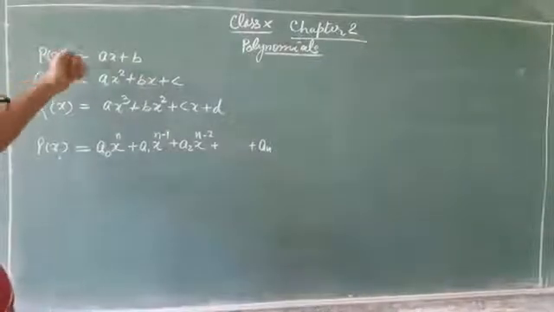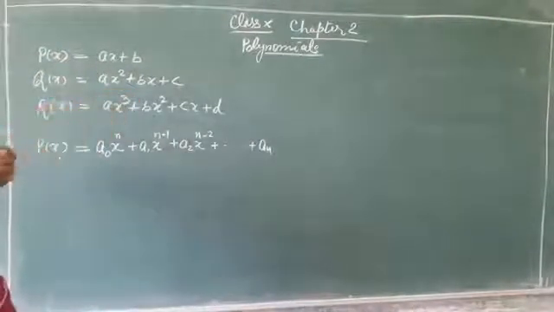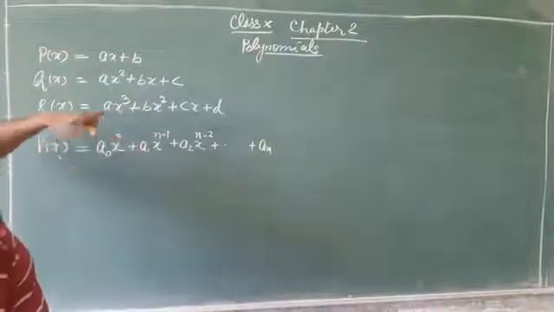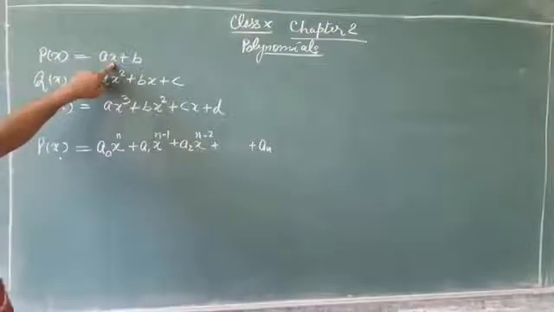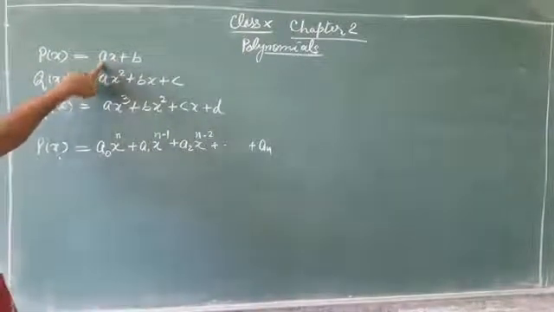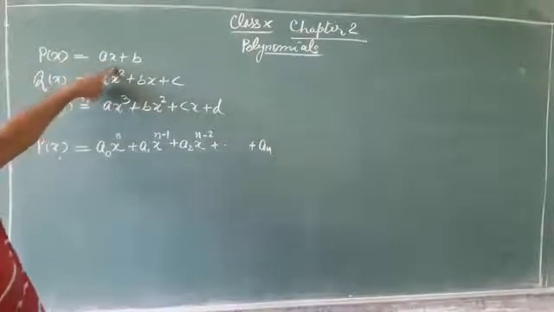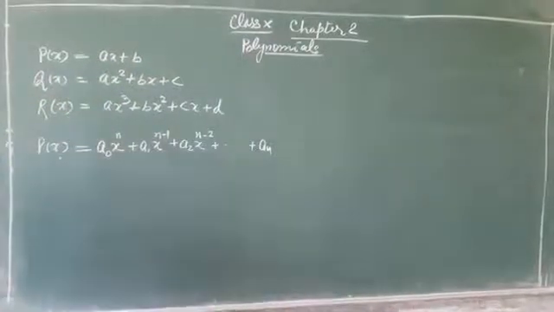So this is the first type: ax plus b, ax square plus bx, ax cube, and so on. Here x is a variable, a is the coefficient of x, and a and b are constants.